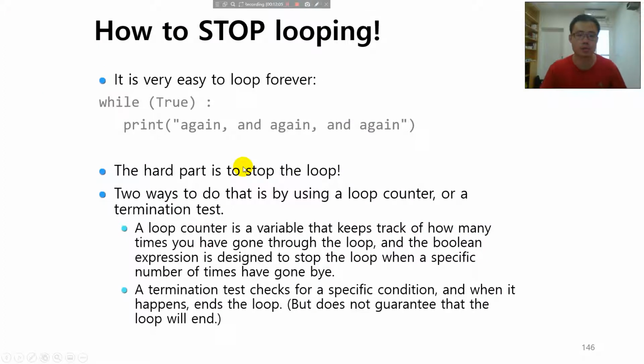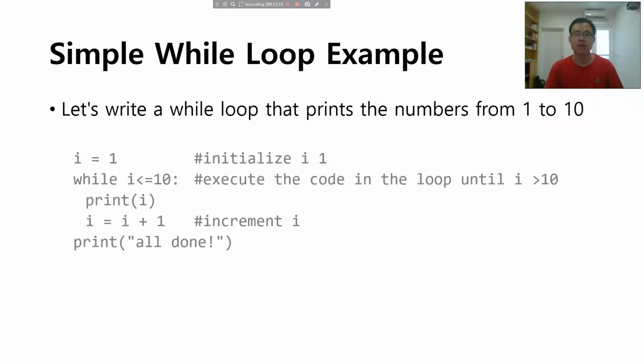Now let's continue to look at the while loop. So what if you want to use a while loop but you don't want the loop to iterate forever? You need a loop counter. So first, you want to initialize a counter, for example, i, as 1. And every time you do something, you increment this i by 1.